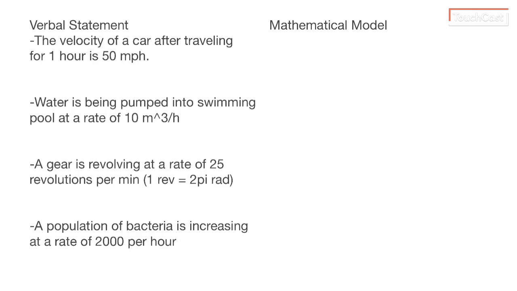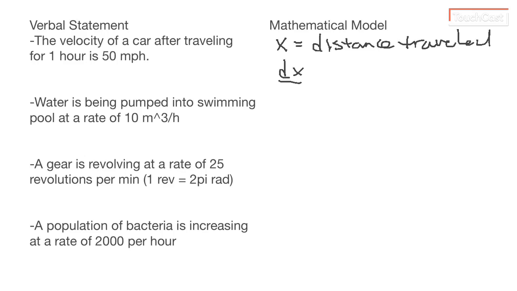Now, if I were writing a mathematical model for that, it might look something like this. For the first one, I might say x is the distance traveled and I might say dx/dt, the change of x over time, is 50 miles per hour when t is 1.